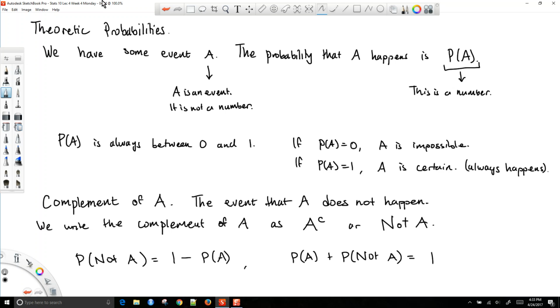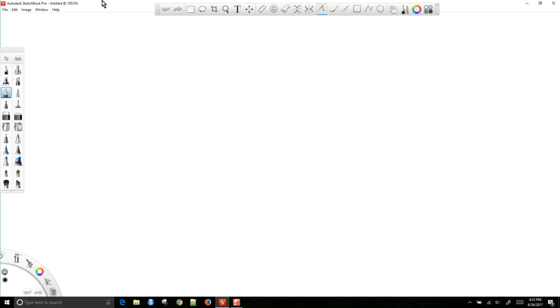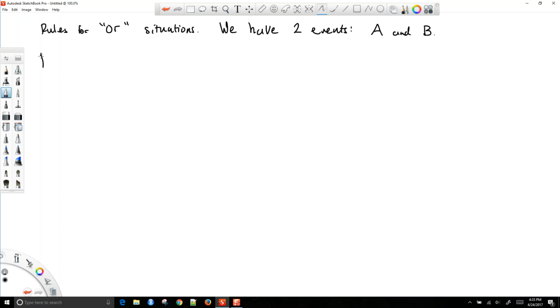Okay, let's talk about some of these rules. All right, we have 4 situations, okay? Rules for 4 situations. Okay, so let's say we have 2 events, A and B. Okay, the probability of A or B, this is the probability that A and or B occurs.